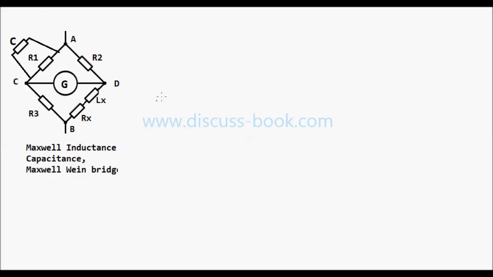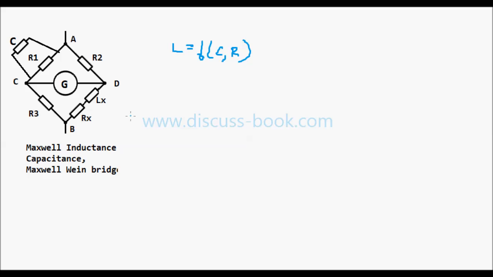inductance capacitance bridge. The earlier one was the Maxwell inductance bridge and this was the Maxwell inductance capacitance bridge, wherein you get the inductance L as a function of capacitor and resistor. So this is known as Maxwell inductance capacitance or Maxwell Wien bridge.